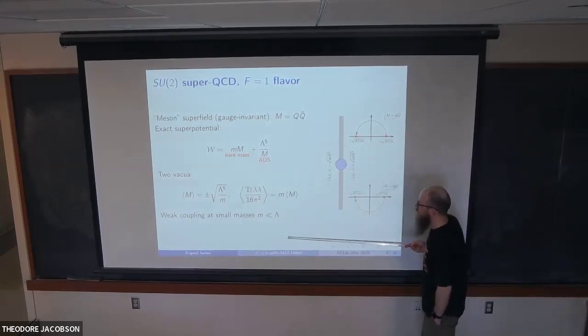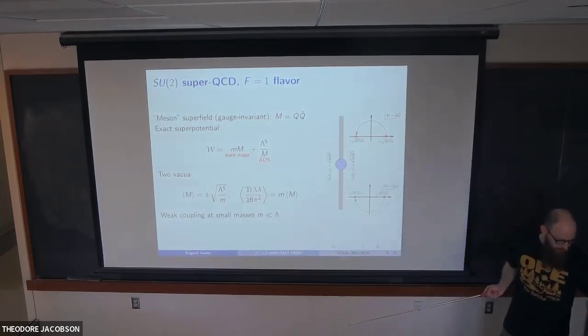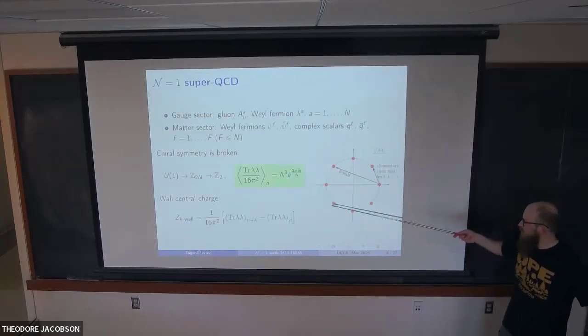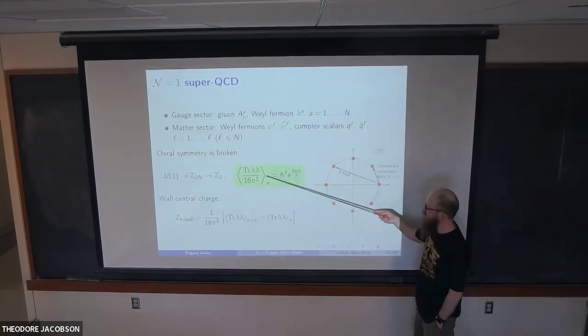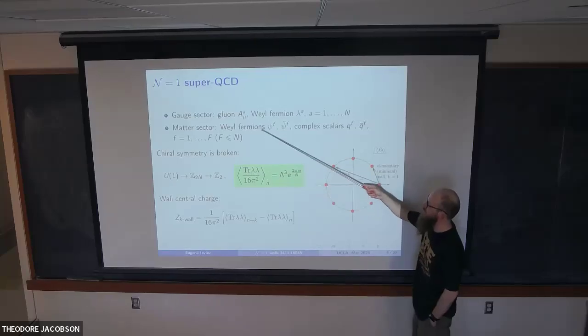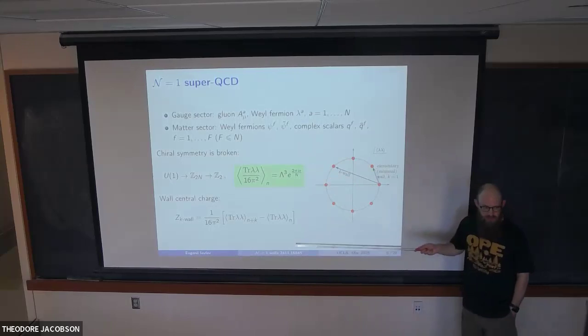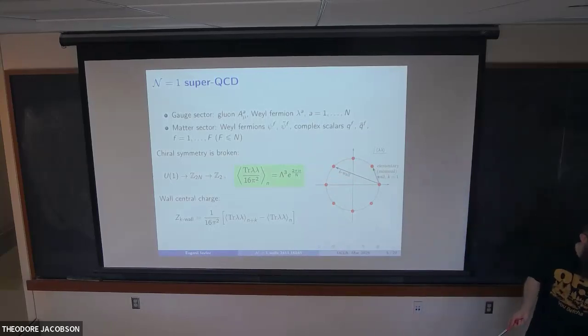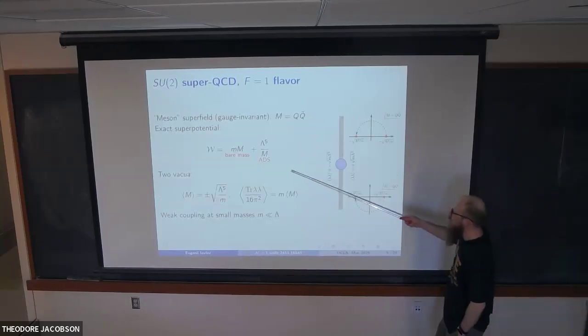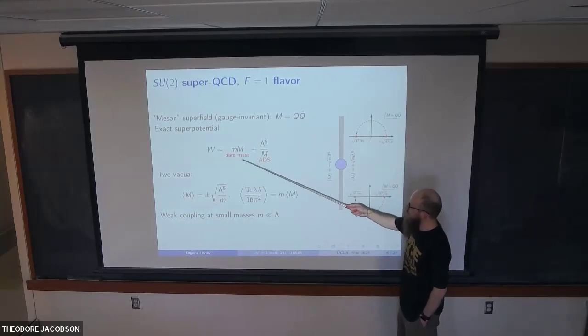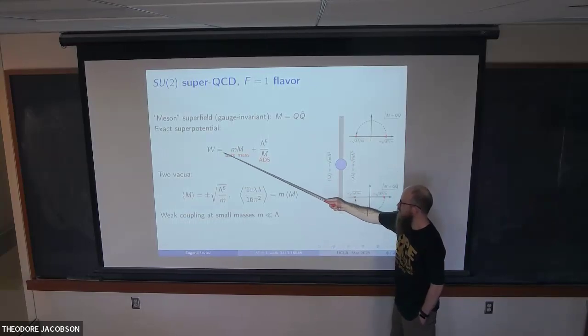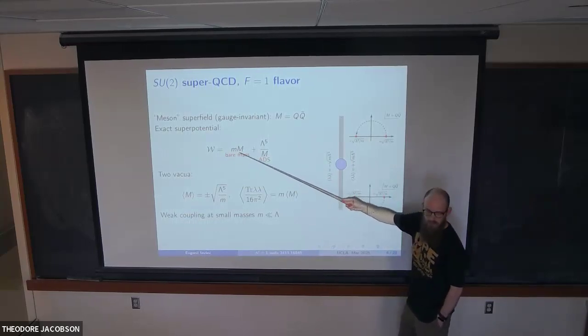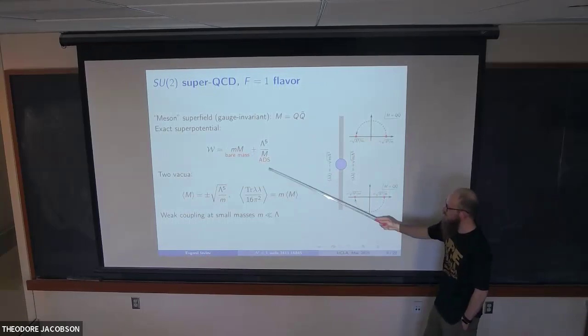Okay, so I told you that there is no superpotential for the gauge degrees of freedom. But if you add matter, then you can write down a superpotential for the matter. In this case, the mass term corresponds to this term in your superpotential.